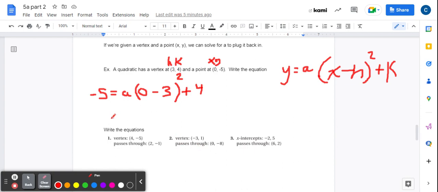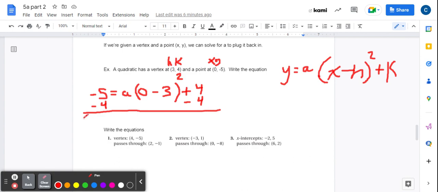And now all we need to do, ladies and gentlemen, is simplify this out. What happens is we subtract 4 from both sides.